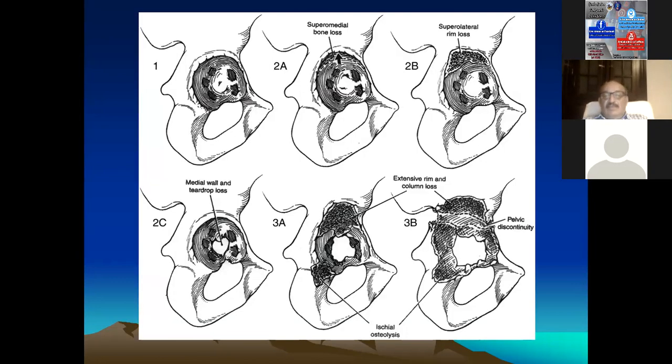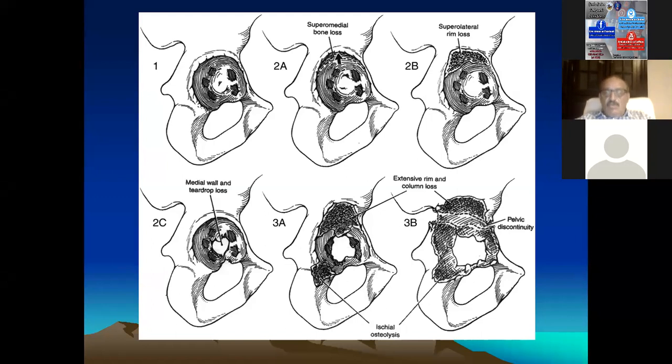It is classified into grade 1, which is usually very minimal bone loss; grade 2A, which is superior medial bone loss; grade 2B, which is superior lateral bone loss; grade 2C is medial wall violation; while grade 3 are the difficult grades to manage, grade 3A and grade 3B, with pelvic discontinuity and ischial osteolysis.